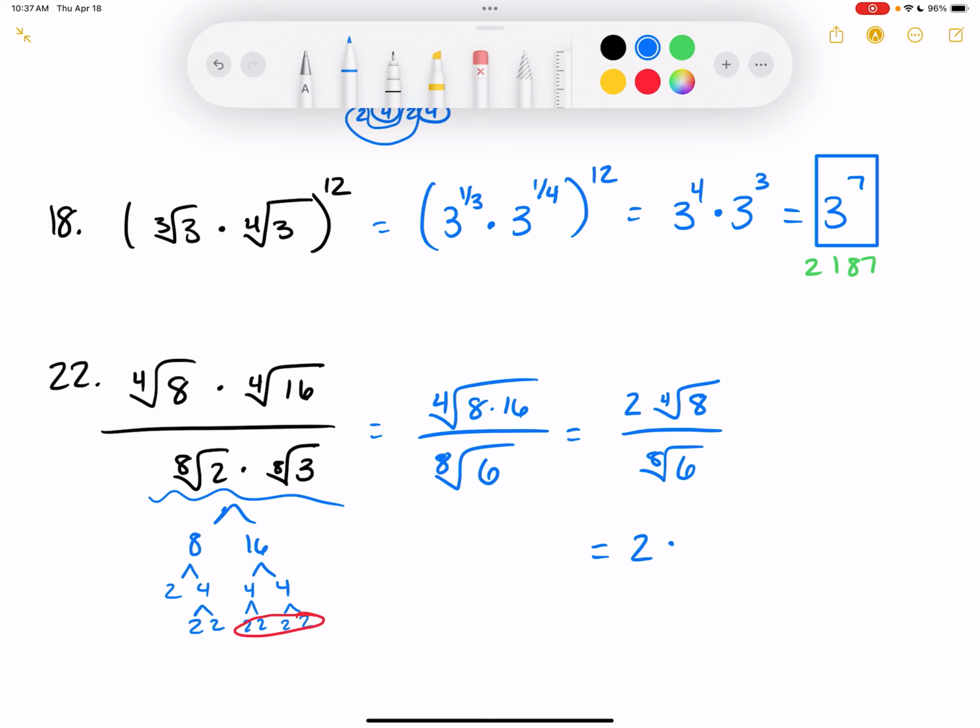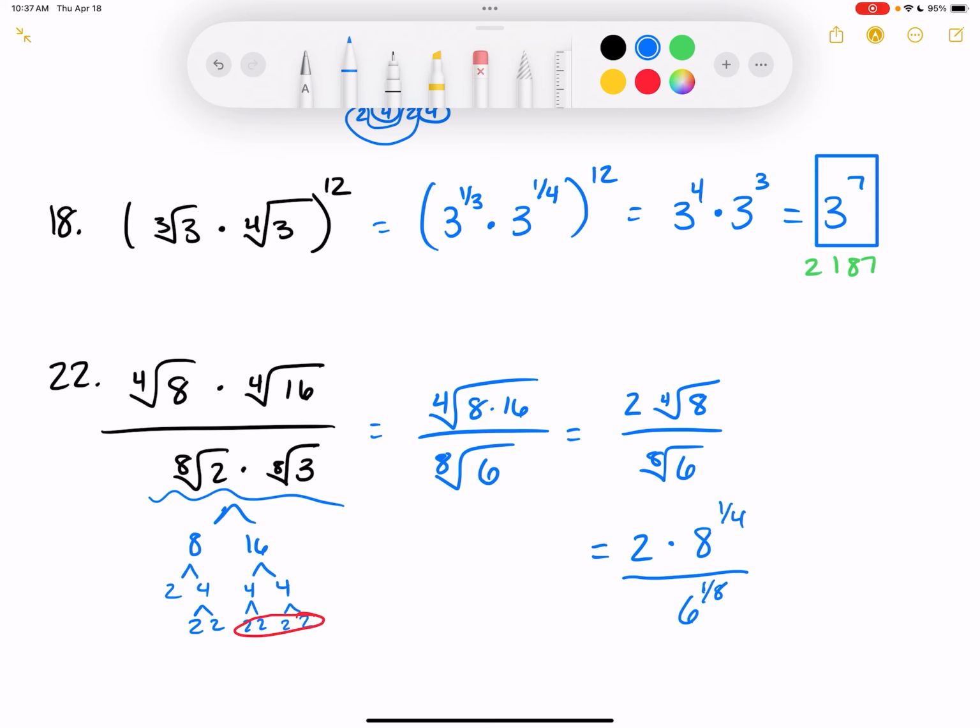Well, I'm trying to get rid of the roots. I want to rewrite them as exponents. How do I rewrite the roots as exponents? 8 to the power of 1/4 over 6 to the power of 1/8.